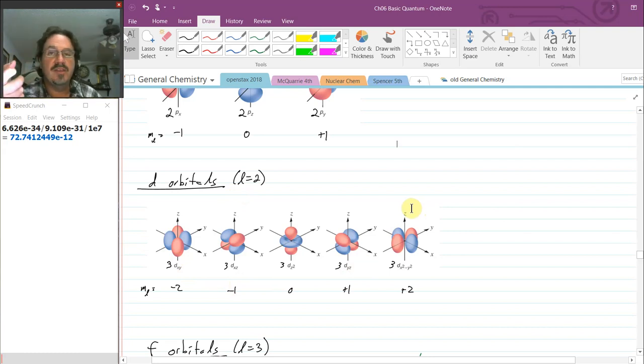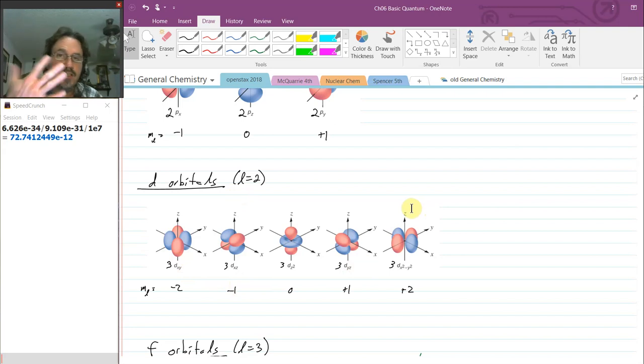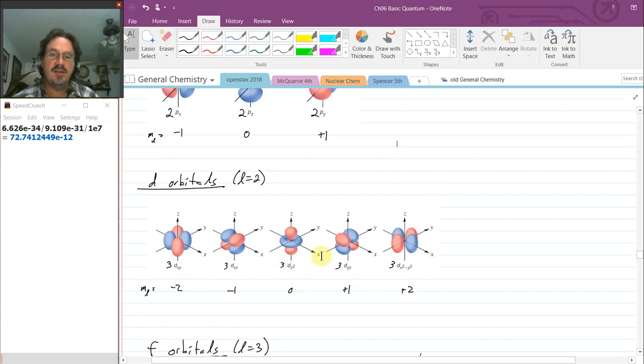So the s has just 1 orientation, the p's have 3, and the d orbitals have 5 orientations. And there are those labels I mentioned before, so this would be the 3dxy, the 3dxz, etc. And the orientation is given by the ml quantum number, -2 up through +2. So there's the book's picture.